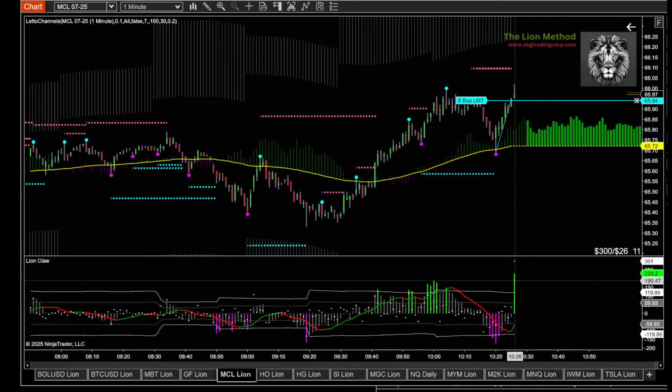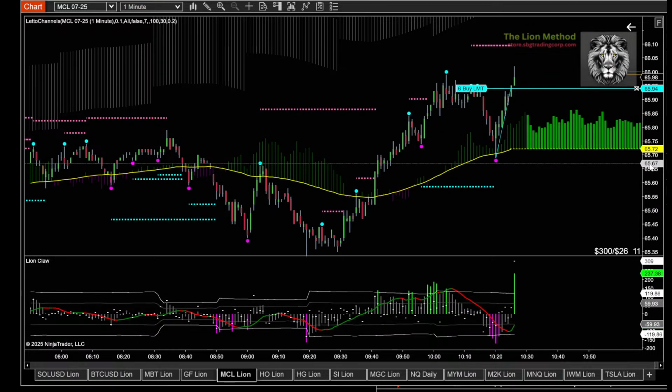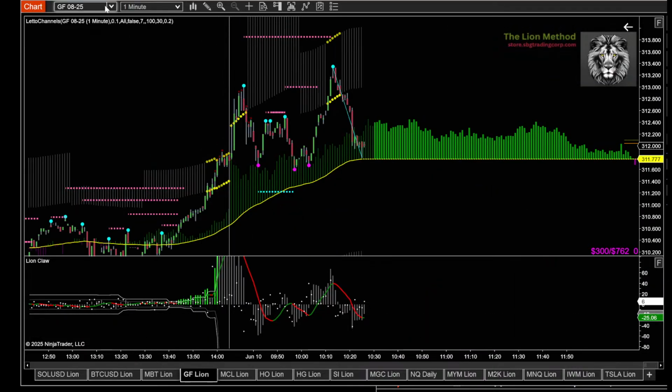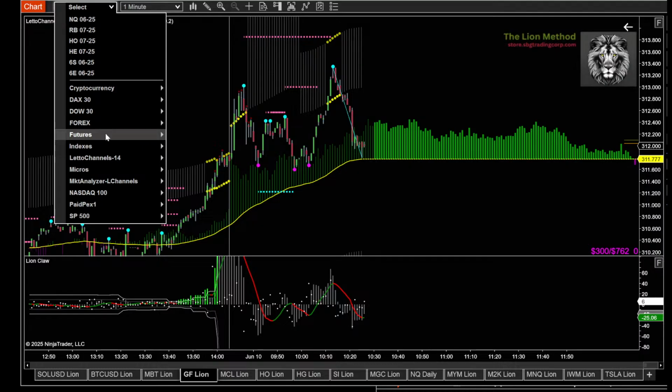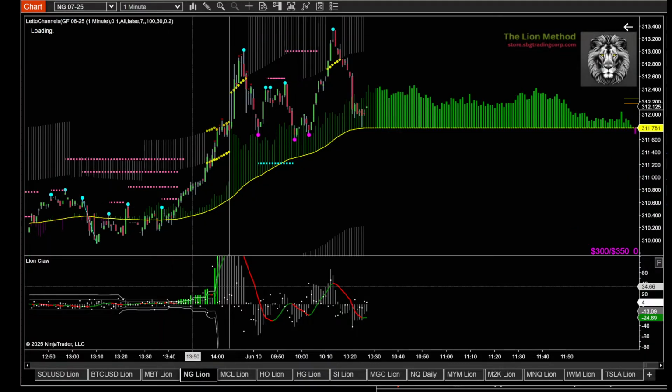So big net delta push at 10:25 in the morning. I don't know if there's some sort of news coming out. I don't think there's any news for crude related. One of my big problems is I'm not getting any natural gas data, and I don't know why.